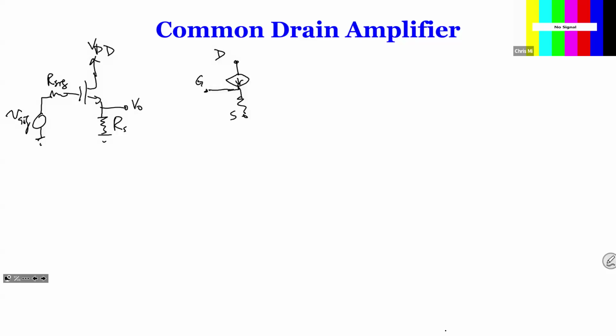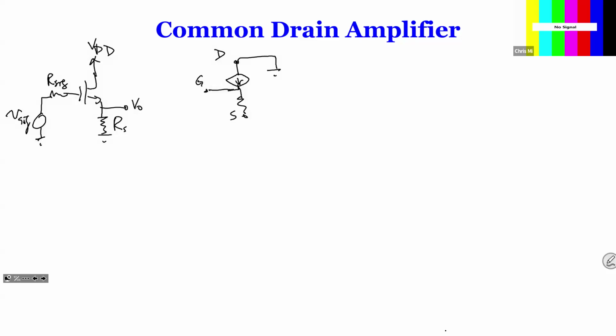Okay, so that's very simple T-model. And now we're going to connect each component at each terminal. So for the drain, what we found is the drain is connected to ground because that's a DC voltage.